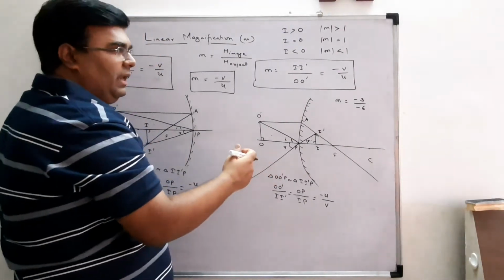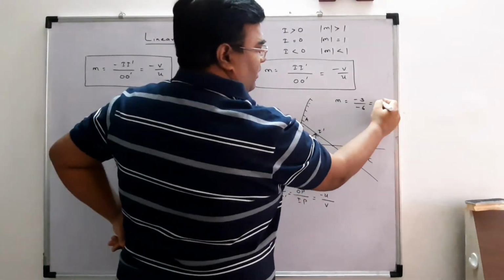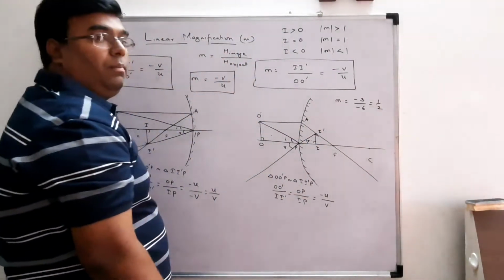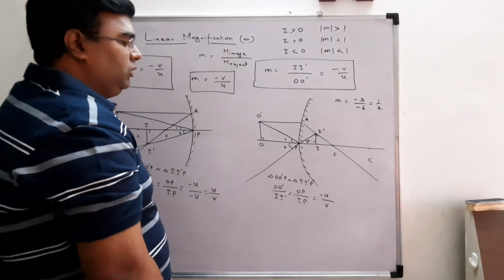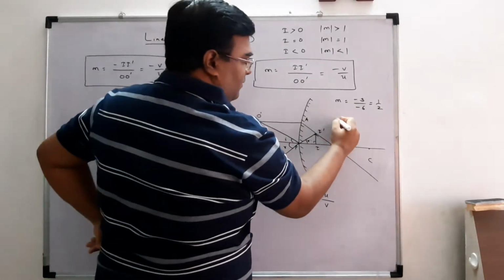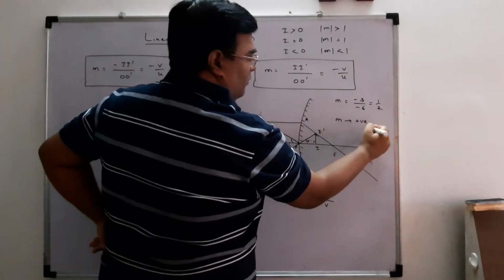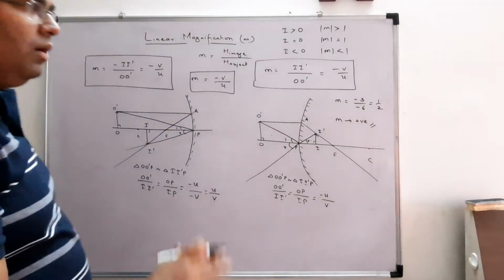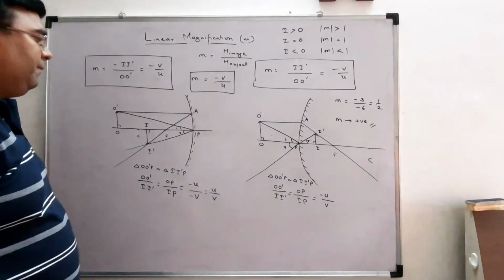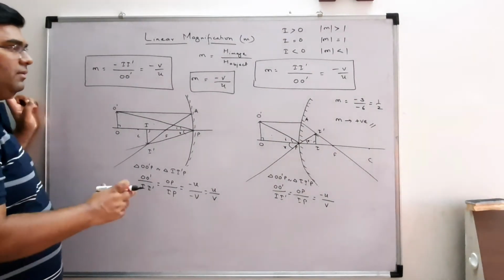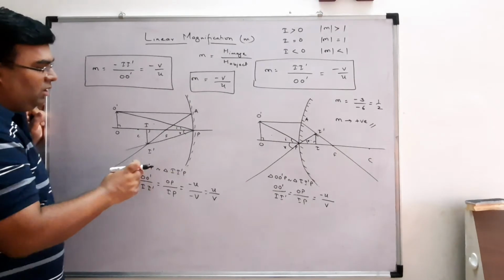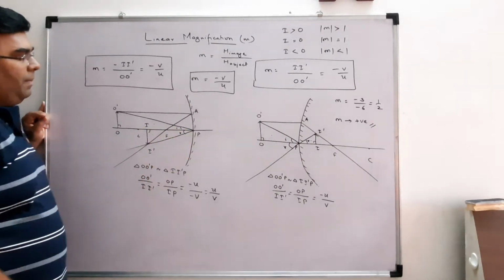Because u is negative, so it will turn out to be positive 1 by 2. So for convex mirror, m is always positive, always positive, right?